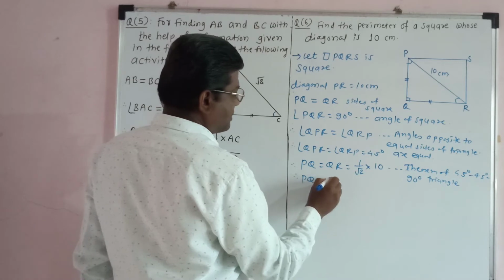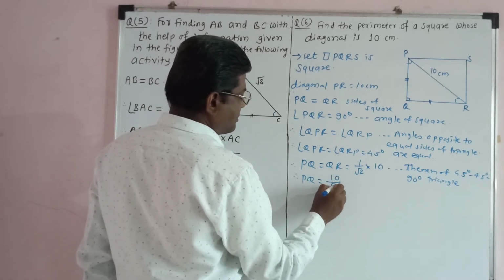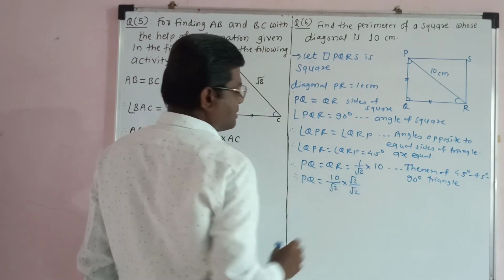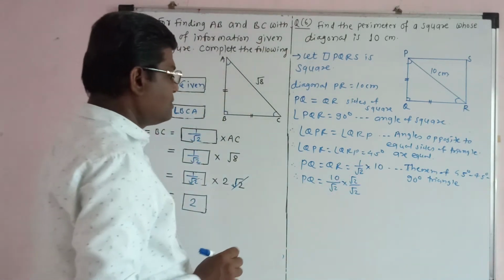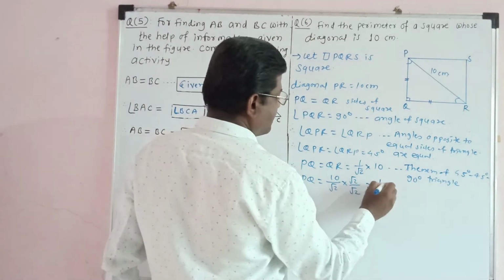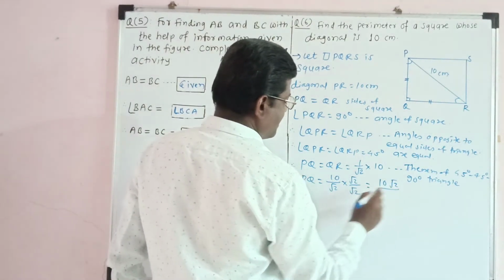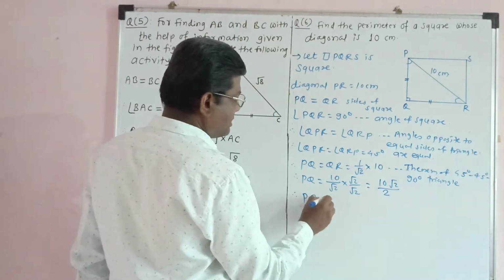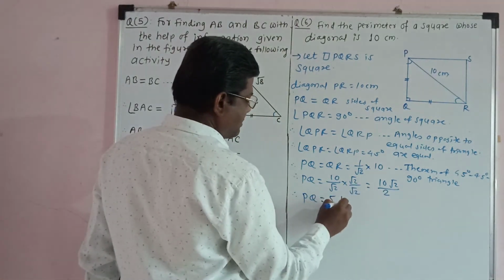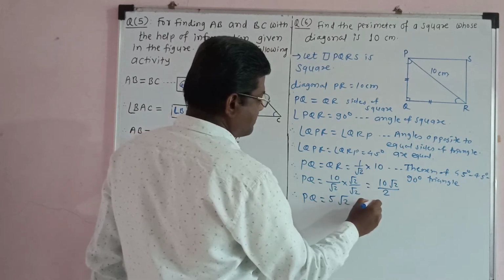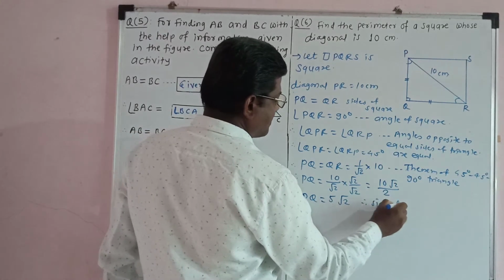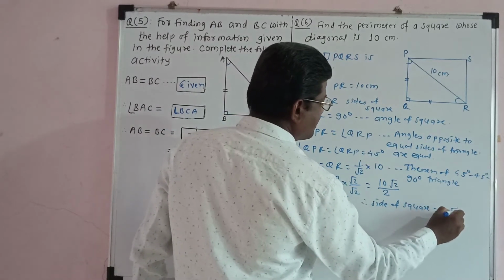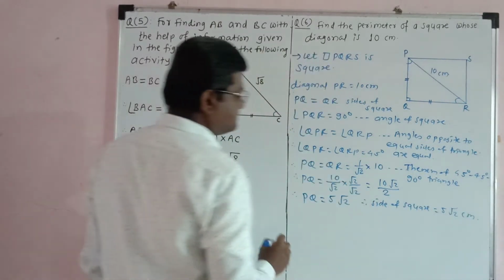Therefore, PQ is equal to 10 upon root 2. Multiplying by root 2 upon root 2, it is 10 root 2 upon root 2 into root 2, which is 2. Therefore, PQ is equal to 5 root 2. This is the side of the square, equal to 5 root 2 centimeter.